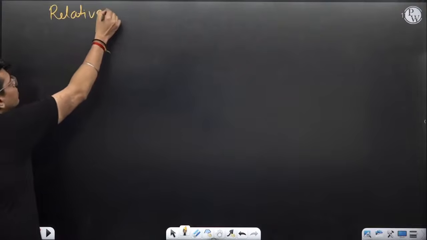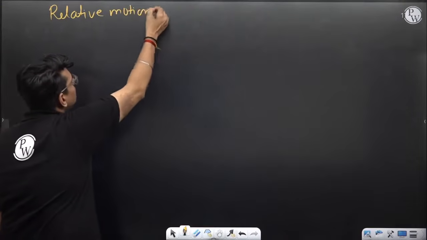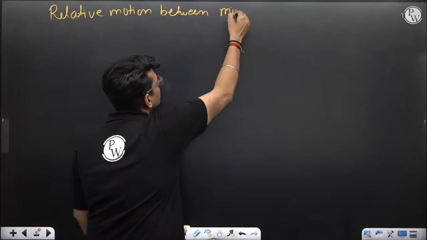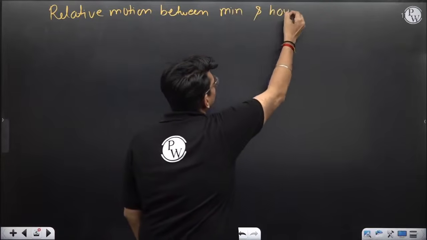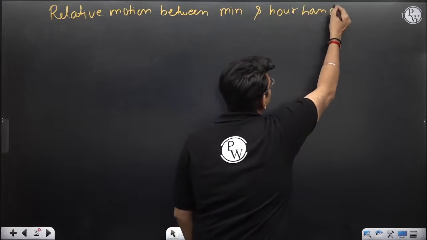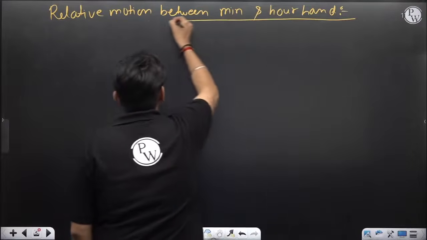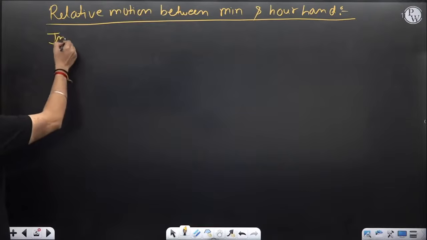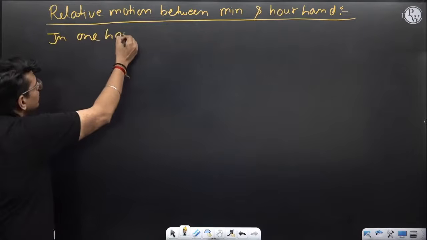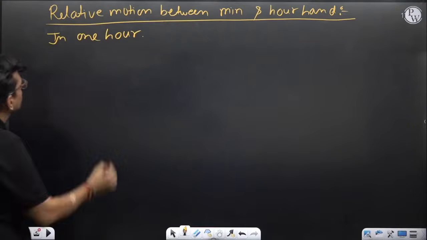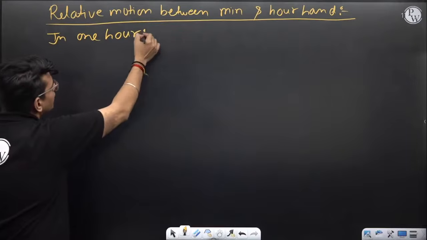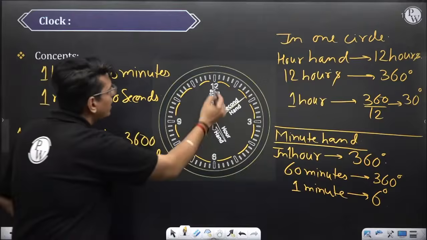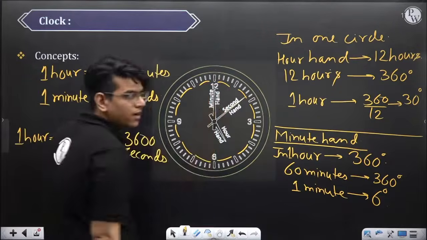Now let's first discuss the first topic, which is relative motion between minute and hour hand. In 1 hour, suppose we are at noon.